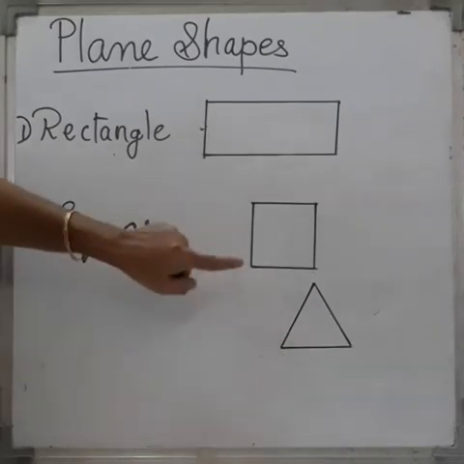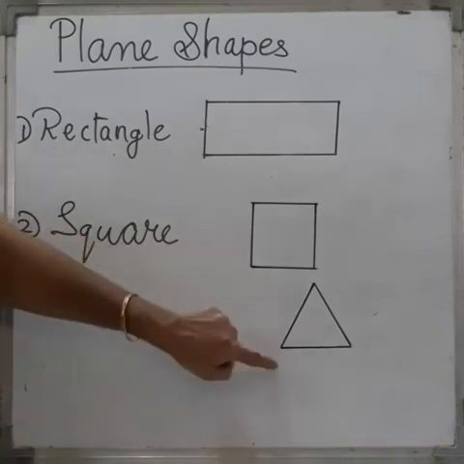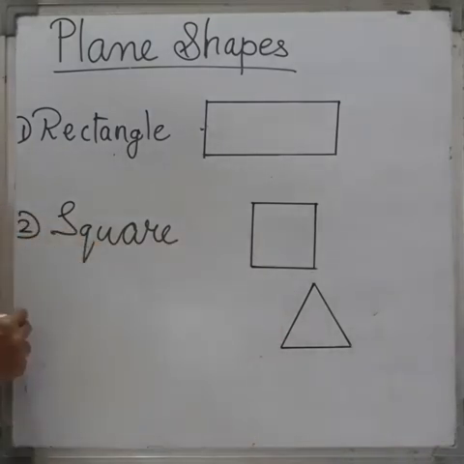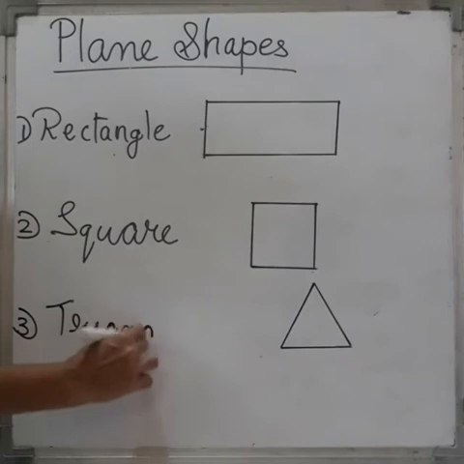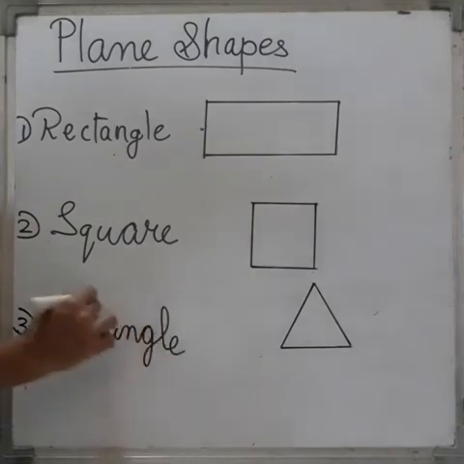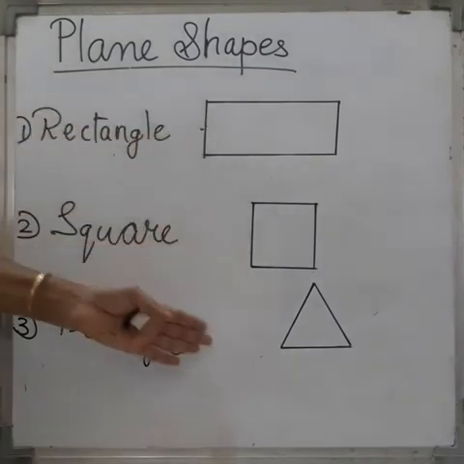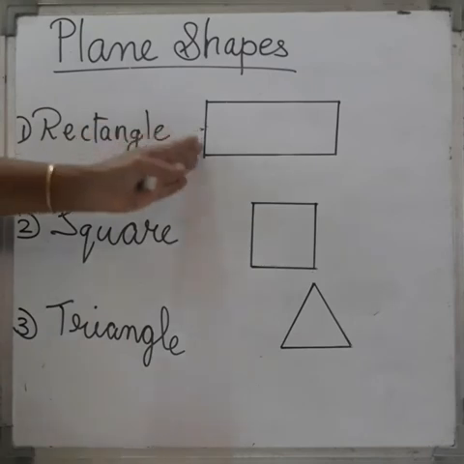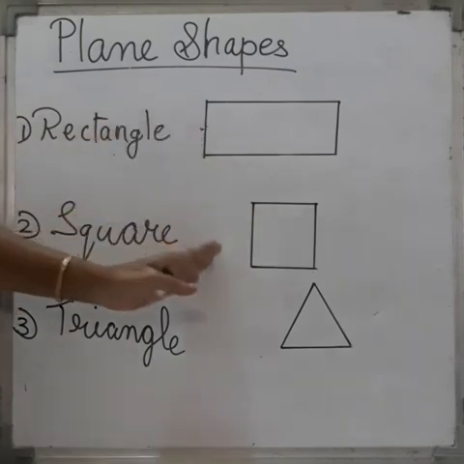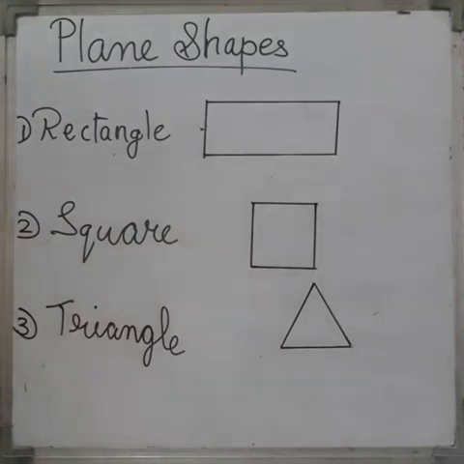That means it is a triangle. A triangle has three sides. So, these are the three plane figures. First one is rectangle, second one is square, third one is triangle.